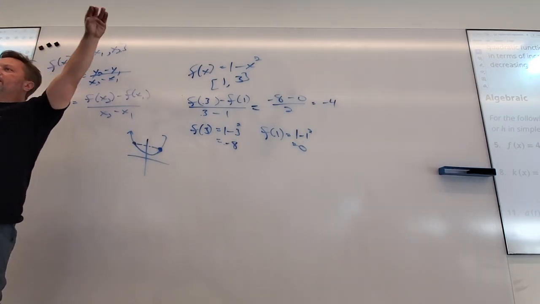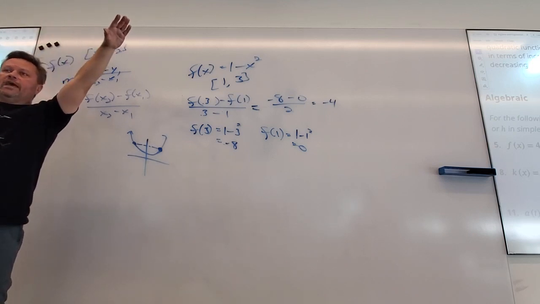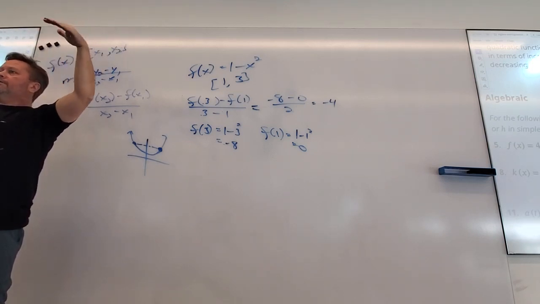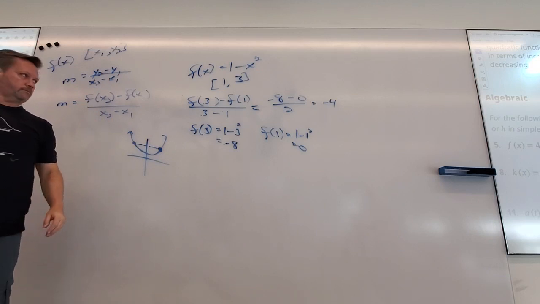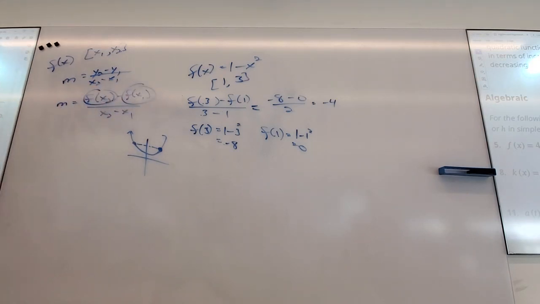I went through some other outputs, but overall the output didn't change. If this equals this, then it's 0 overall. It's just slope. That's all it is.